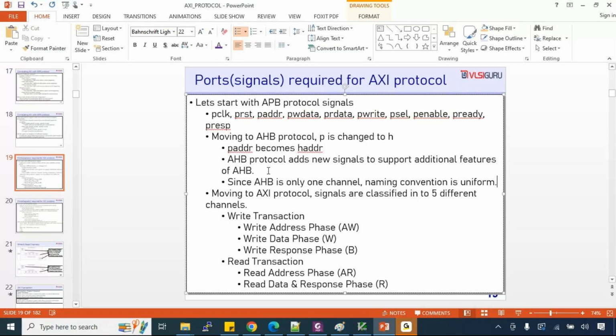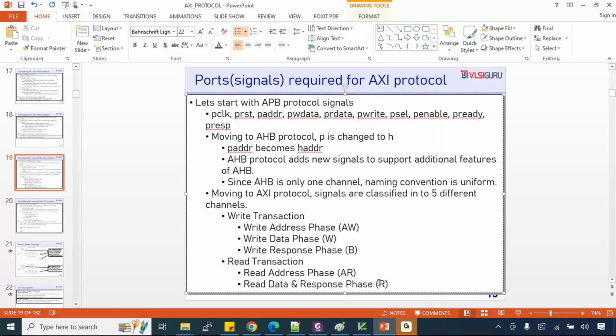Whereas when you move to AXI, signals are classified into 5 different channels. For each channel, they have a different starting name: AW, W, B, AR, and R. All the signals which fall into the write address channel start with AW.